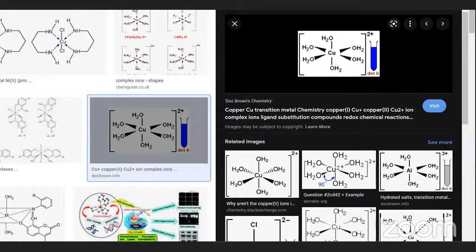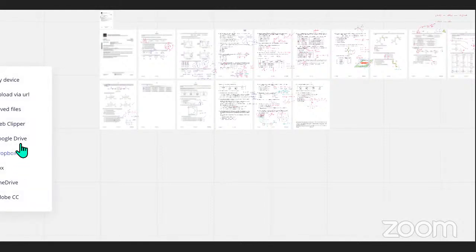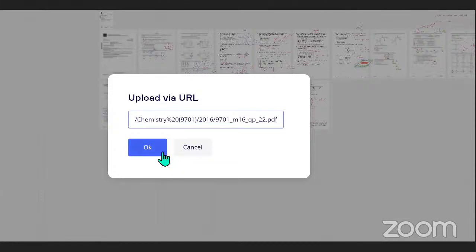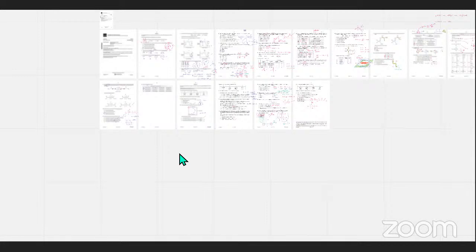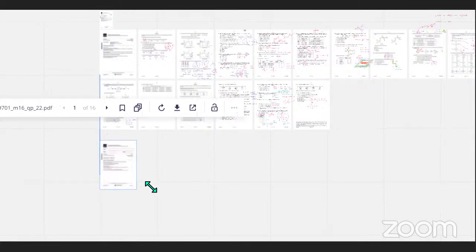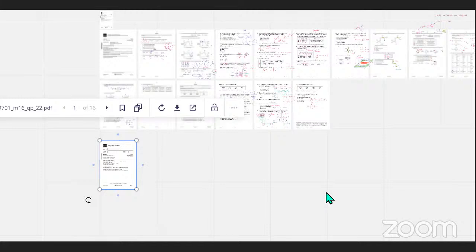This is the M16 question paper. So we'll start with, one second, just let this open.